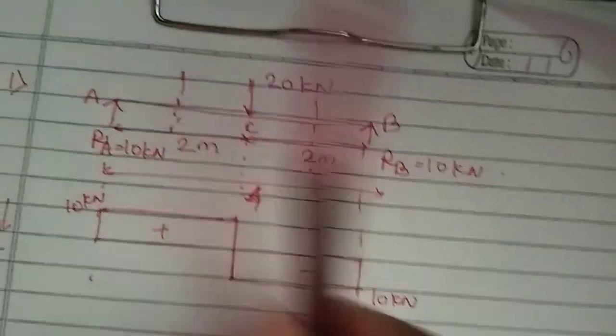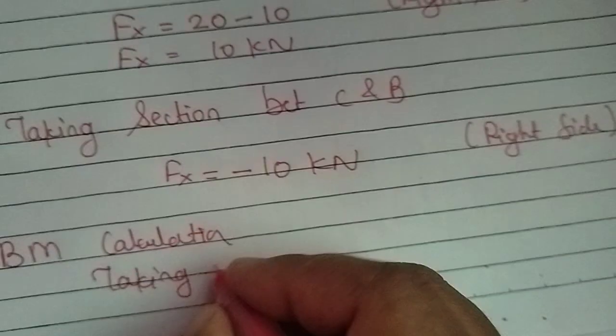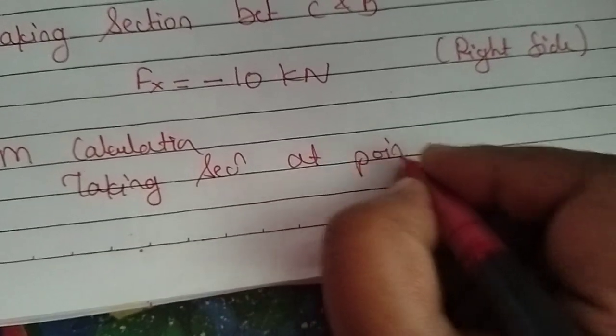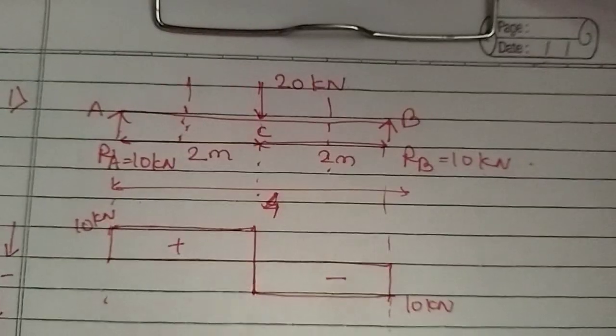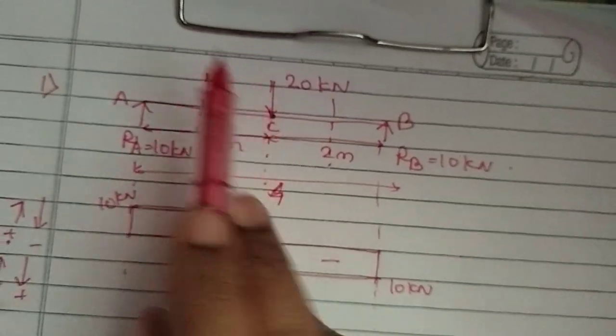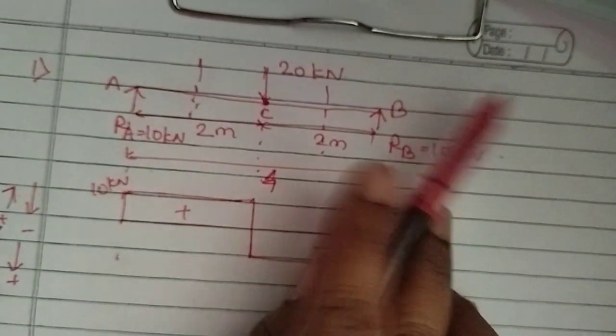Always take the sections to calculate bending moment at the support. Suppose we are taking the section at point C. So rotate the forces either on the left side or on the right side.